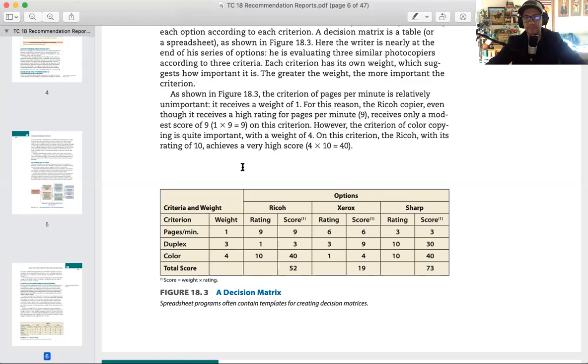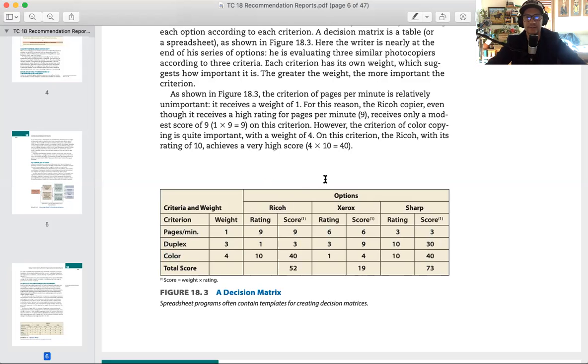Pretty clear, pretty basic problem, okay? And so their criteria are these right here: that they want it to be somewhat fast, pages per minute, how fast can it print, and that it can do duplex printing and color printing, okay? So these are the criteria that they want.